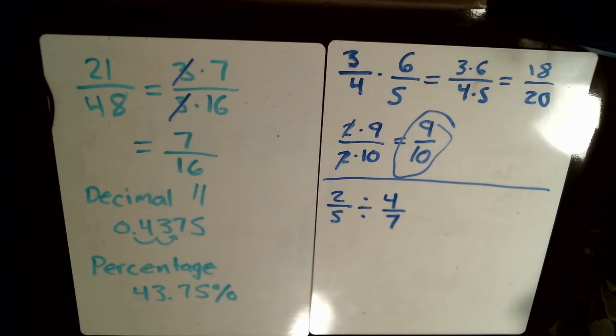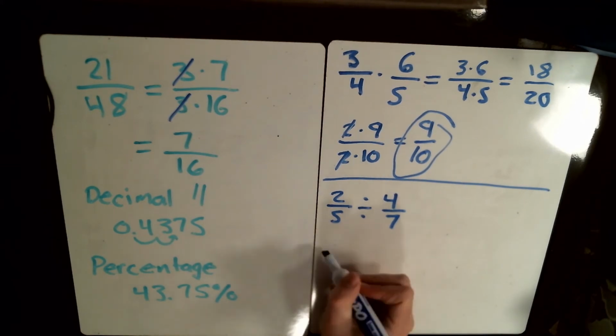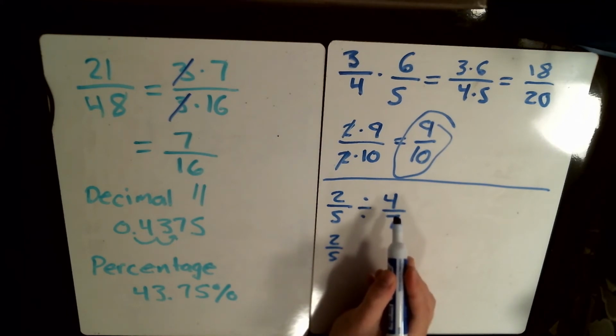So let's divide some fractions now so that you can see how you do that. Well, what you need to do is use something that I like to call keep, change, flip. Okay, so you're going to keep that 2/5 the same, but the one that you're dividing by is going to get flipped.